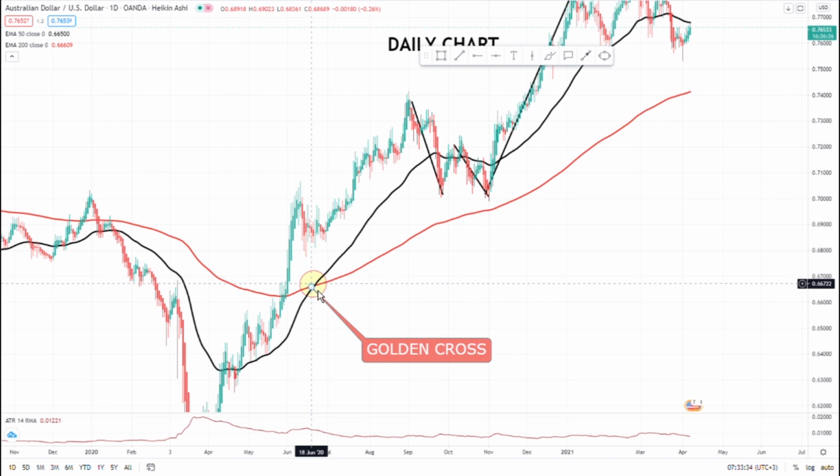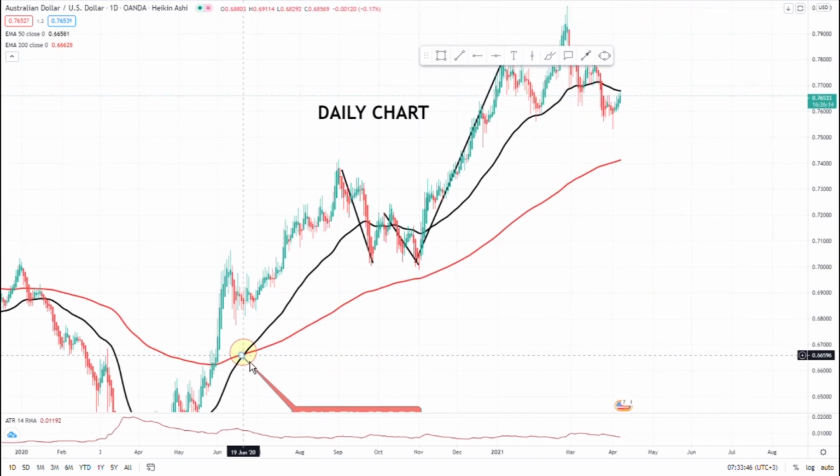In this case, the golden cross occurred, the 50 moving average went above the 200 moving average, and this is a clear indication that from last year, 2020, on 19th of June up to today, the market has been in an uptrend. Have there been sellers? Yes. But who is stronger in the market? Buyers. So if you are a short-term trader, you can now go to a smaller time frame and look for buy opportunities. Now let me show you a death cross on a higher time frame of the daily chart.